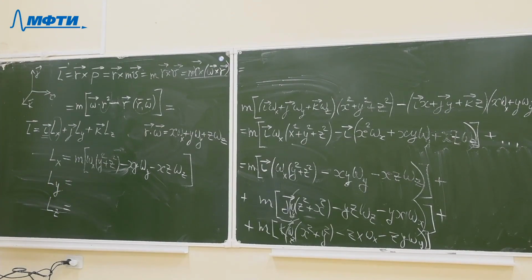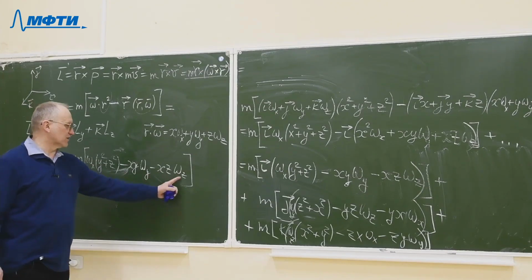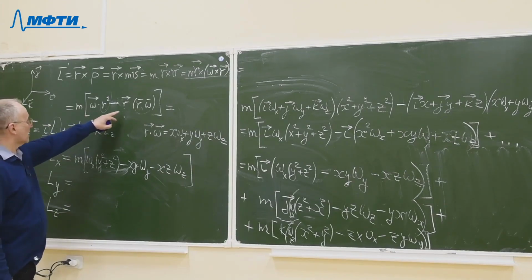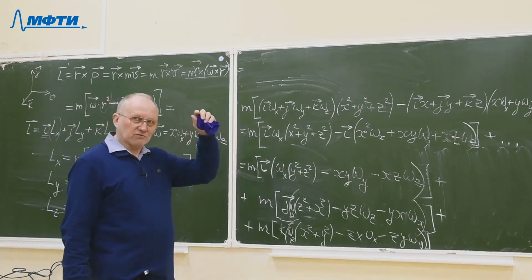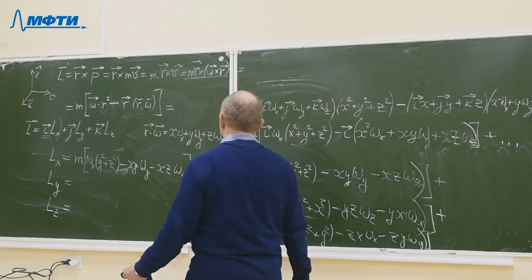Well, anyway, in this fashion we can obtain all the components of the vector of angular momentum, x component, y component, and z component, expressed through the components of angular velocity, omega x, omega y, and omega z, and the components of radius vector r, which are just x, y, z, coordinates of our mass point, for which we want to find the angular momentum.